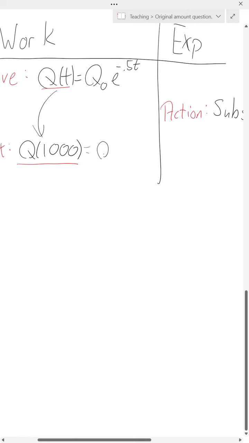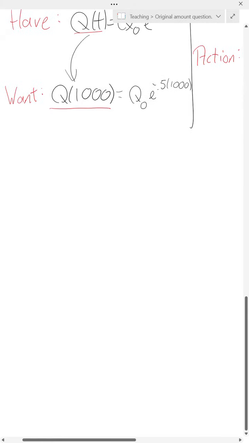So on this left side, we replaced t with 1,000, so we have to do the same on the right hand side. Therefore we get Q of 1,000 equals Q naught e to the minus 0.5 times 1,000, and minus 0.5 times 1,000 is actually minus 500.